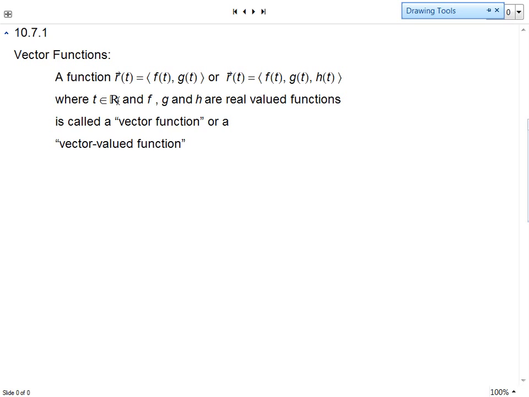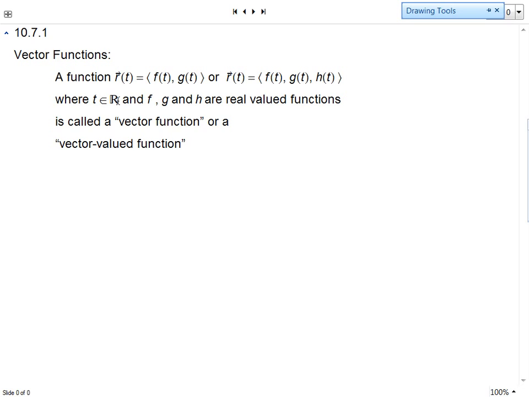So instead of having numbers inside the vector, each one of the components of the vector is a function. We can do this in 2D or 3D, so we can have f and g inside, or f, g, and h. Here t is a real number, and f and g are real valued functions. This is called a vector function or a vector valued function.